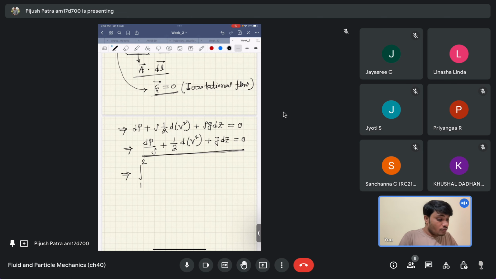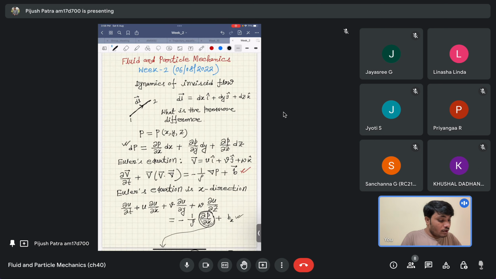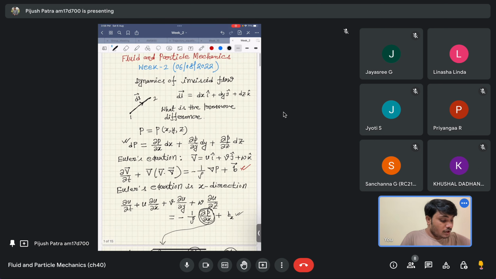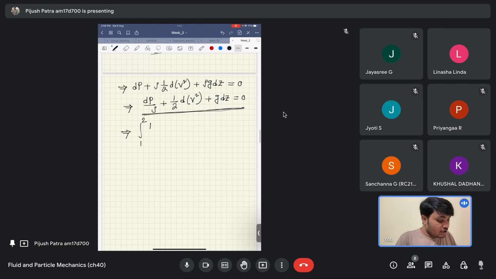integrate from 1 to 2, that means from point 1 to point 2, the difference between the pressure is P2 minus P1, right? So it is dP by rho plus half integration of d of v square from 1 to 2 plus integration from 1 to 2 of g dz is equal to, what will be this term?